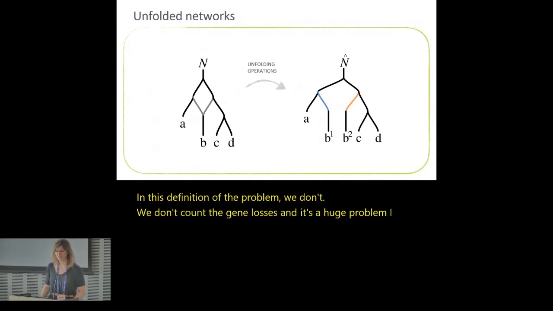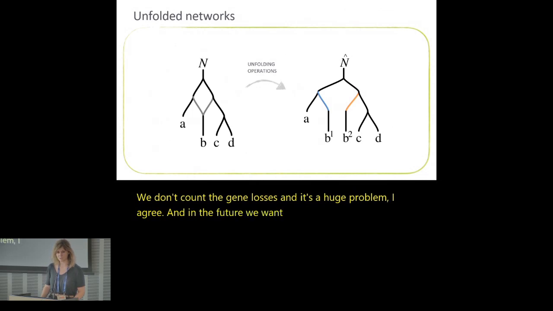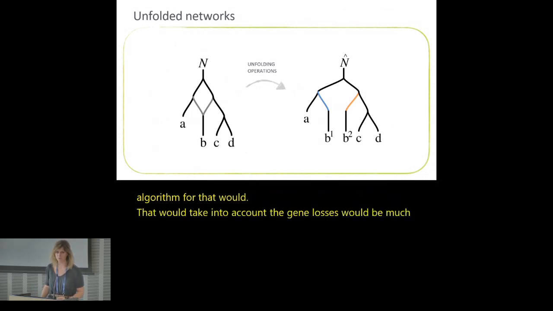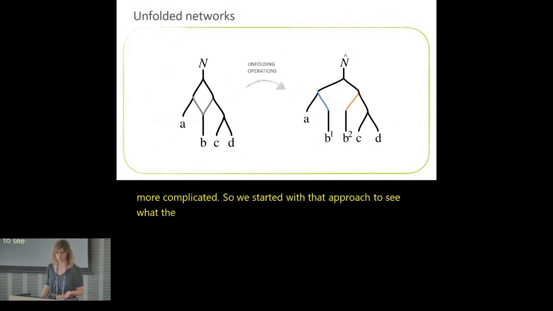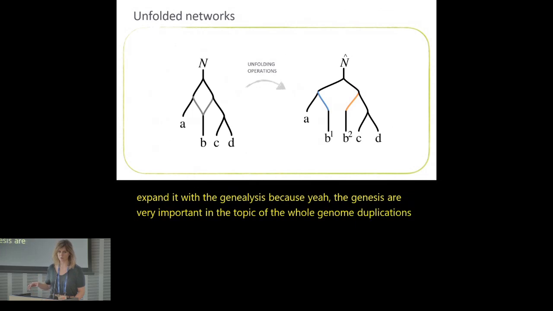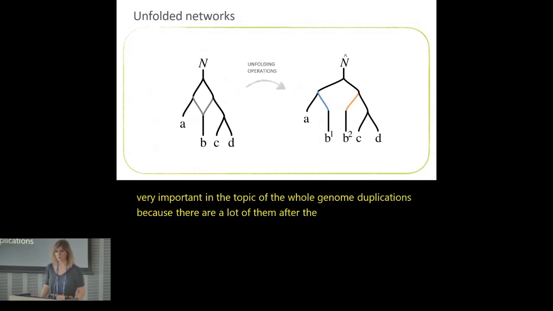I agree, and in the future we want to change that, but the algorithm that would take into account the gene losses would be much more complicated. So we started with that approach to see what results we can get, and then we will expand it with the gene losses, because the gene losses are very important in the topic of whole genome duplications, because there are a lot of them after the event. So we will take them into account. That's a valid question.